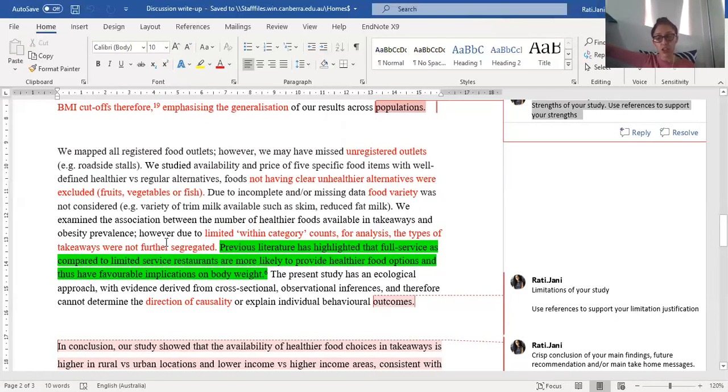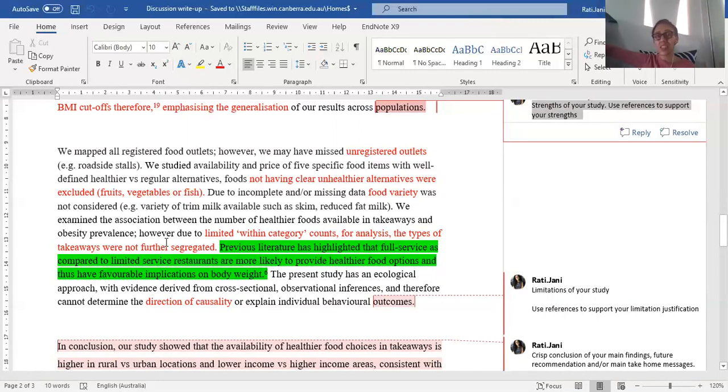Similarly, in the limitation section, you may say, for example, that your study was on a very small sample size. Yes, your study was on a small sample size, but because it was the nature of a pilot study, yes, your study was with a self-reported questionnaire, but that was done so you get an adequate sample size for your pilot study.